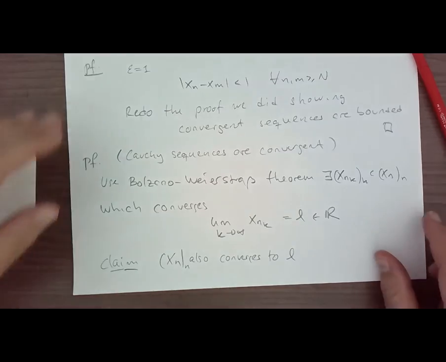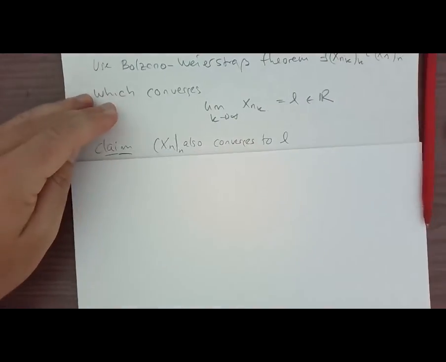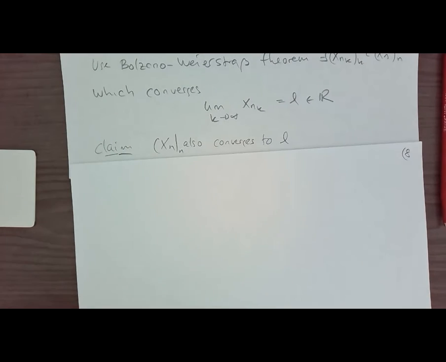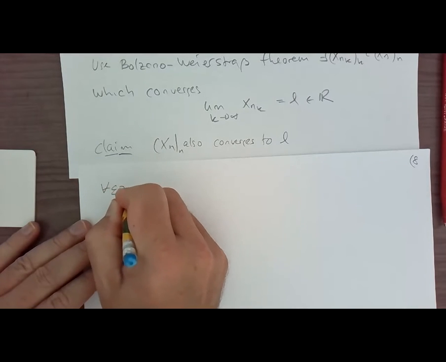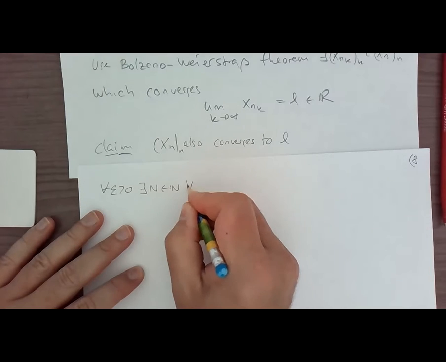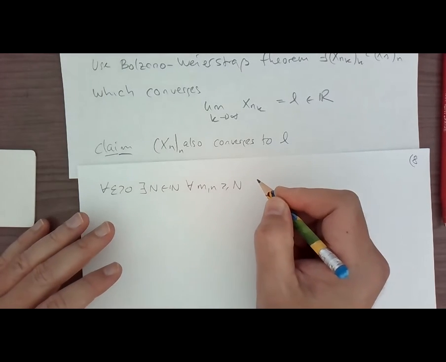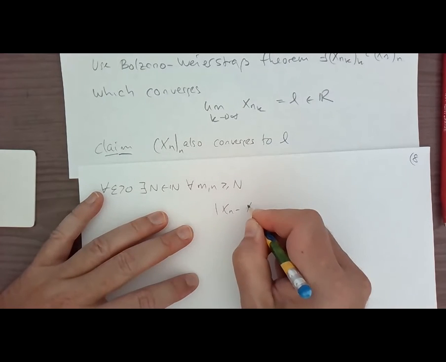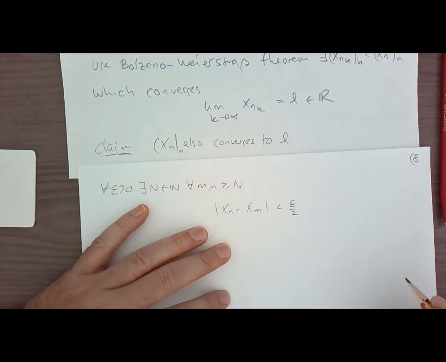And so how would one go about arguing that? Well, it is really just the definition of what it means to be Cauchy that will make all this work. So we recall the definition of being Cauchy: no matter what epsilon you get, you can find an N such that for any m and n bigger than N, the distance between x_n and x_m is going to be less than, say, epsilon over 2.